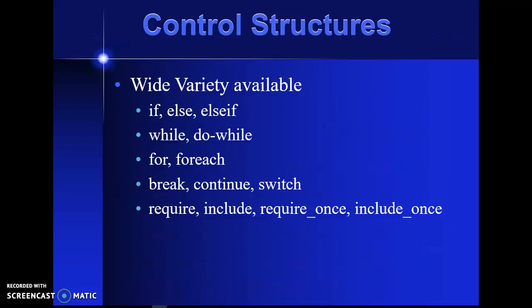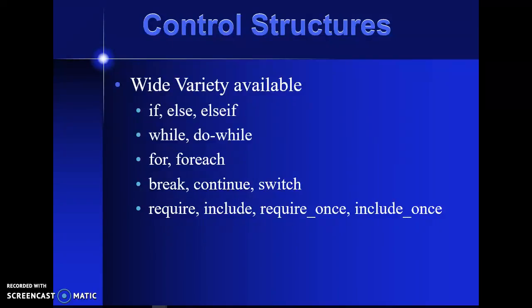Control structures. Wide variety available: if, else, else if, while, do while, foreach, break, continue, switch, require, include, require once, include once. Especially the foreach statement, as it is not there in other languages, we have to print an array or use arrays.